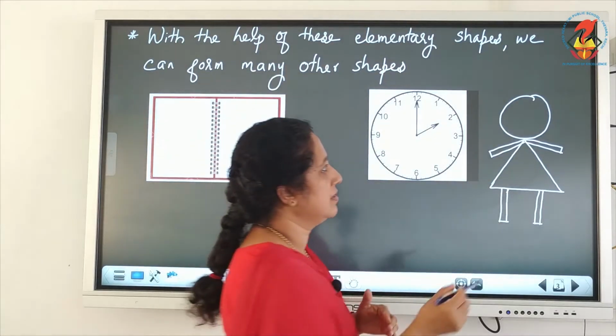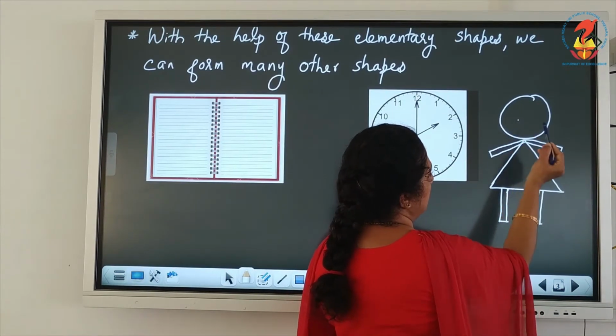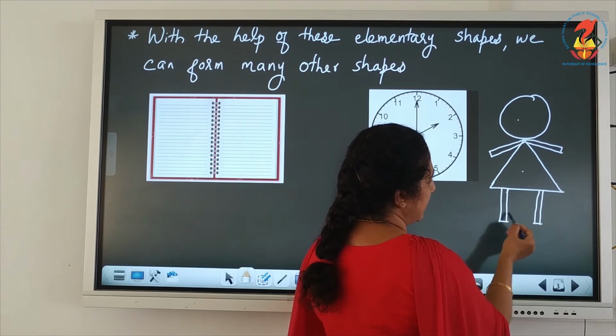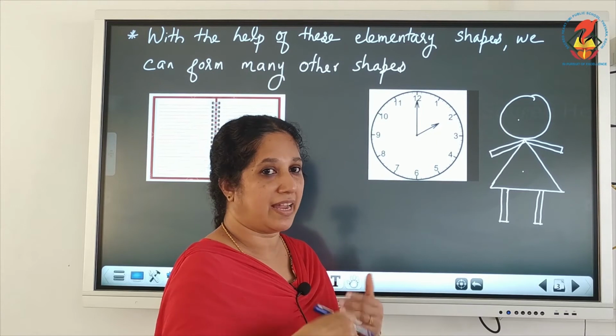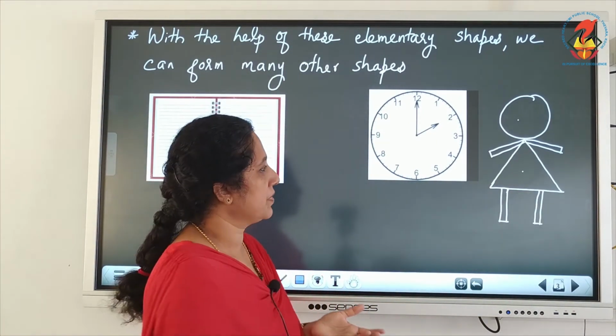Now look here, we have the circle, and here we have a triangle, then rectangles, and with the help of elementary shapes I made another figure and it is in the shape of a doll.